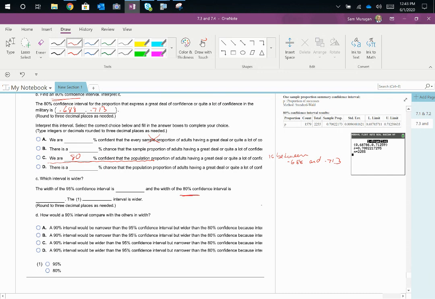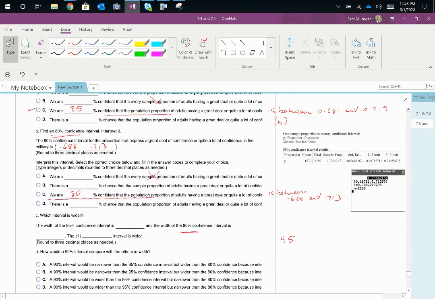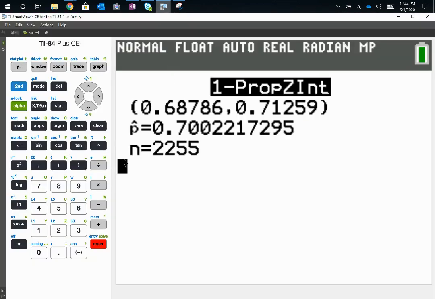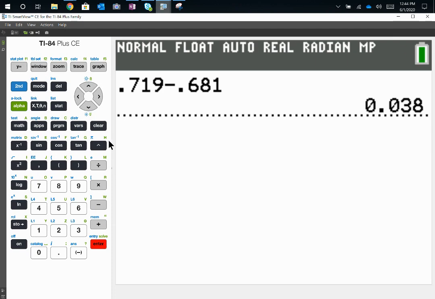So we see that for 95%, the interval is between 0.719 minus 0.681. So 0.038.